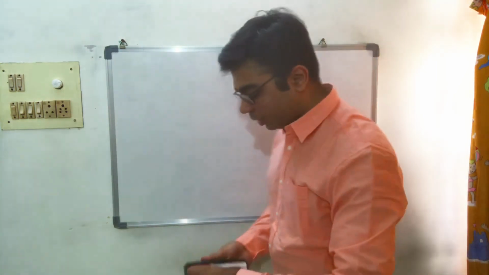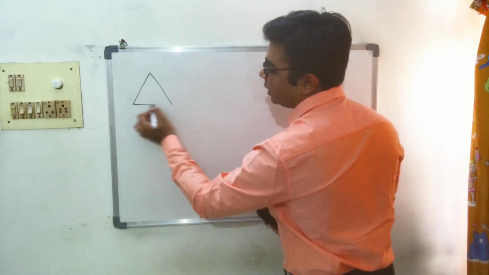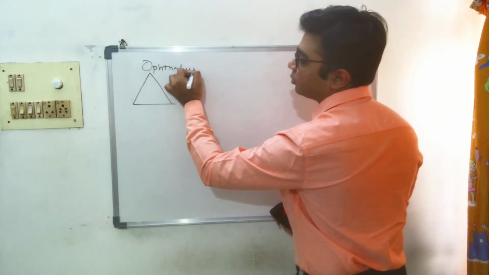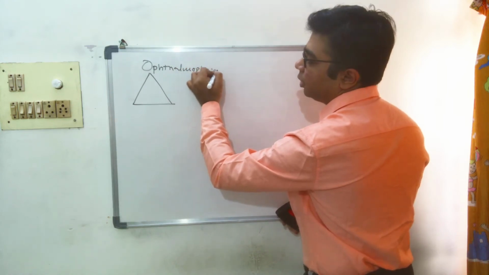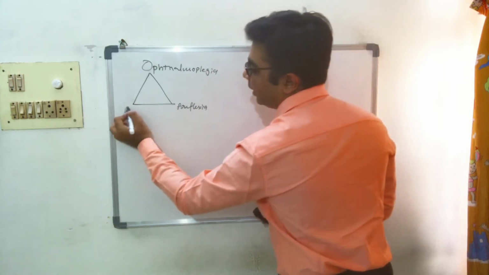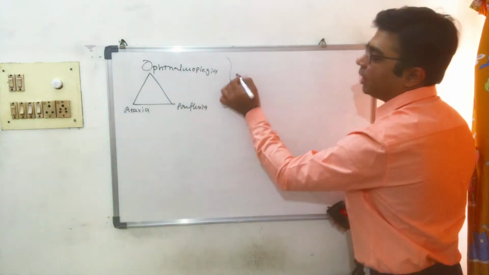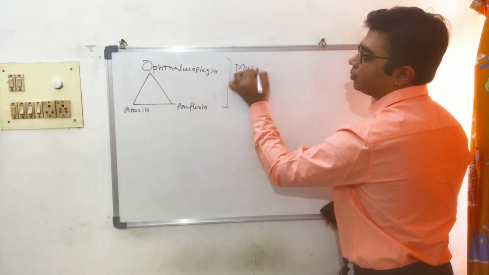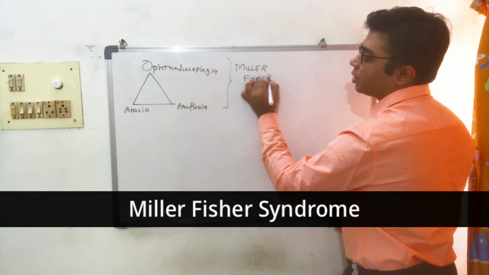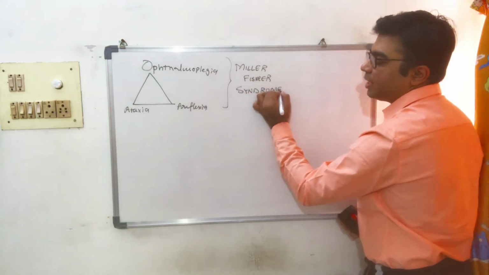So let me write it over here, that is the first variant of the GBS, and you see a triad of ophthalmoplegia, areflexia and ataxia. So the triad of these three is known as Miller-Fisher syndrome. That is the first variant of GBS.